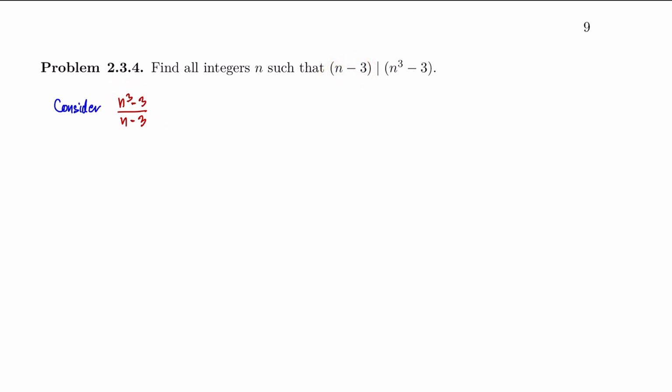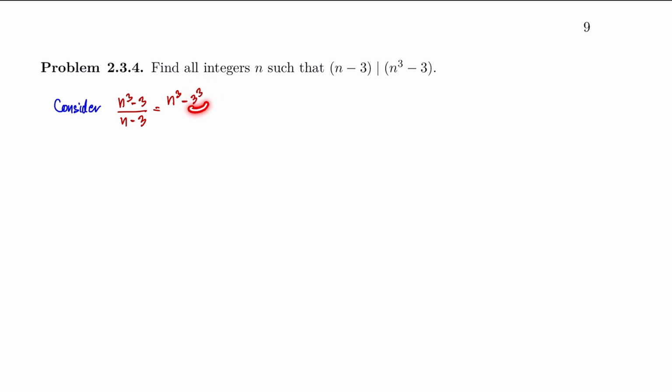So let's get started. We start with the term with n cubed right here. I need another term so that we have n cubed minus 3 cubed, which is this term.